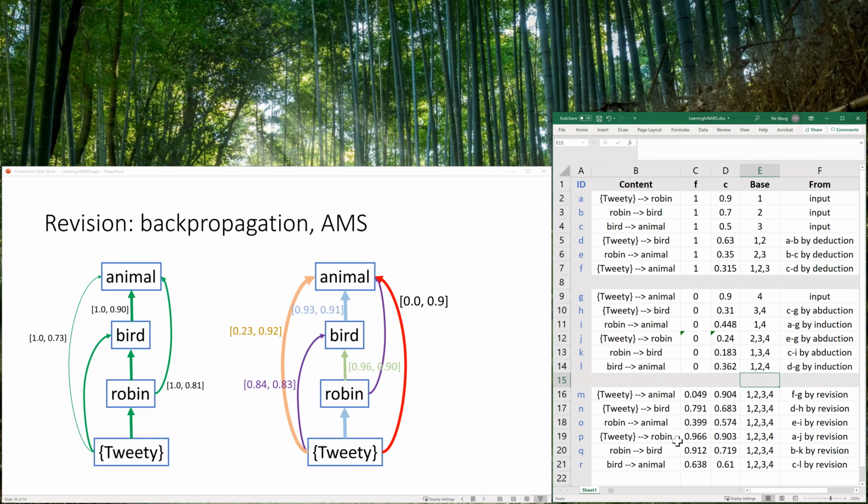So we're going to doubt a little bit that this bird is a robin. We're going to doubt a little bit that Tweety is a robin, but we're going to challenge much more that this bird is an animal, just because it's the weakest link among the premises.